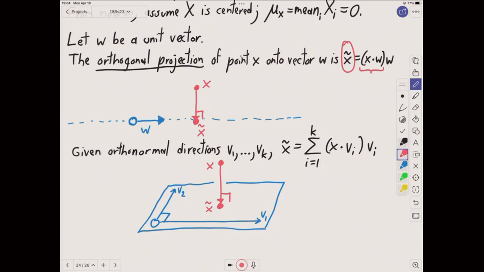So what this formula up here is saying is that I can treat each of the principal directions independently. So I can project x onto the vector v1, and that gives me a point. I can project x onto the vector v2. That gives me another point. And those two points, essentially, I can think of them as independent coordinates in a two-dimensional coordinate system that lives on that plane.